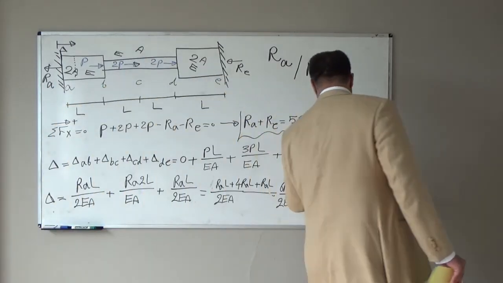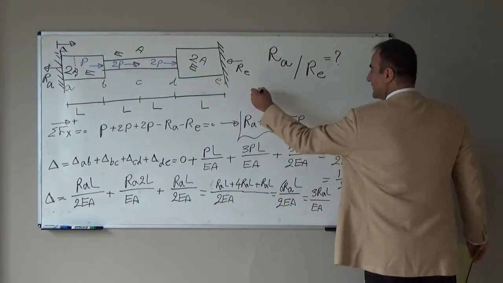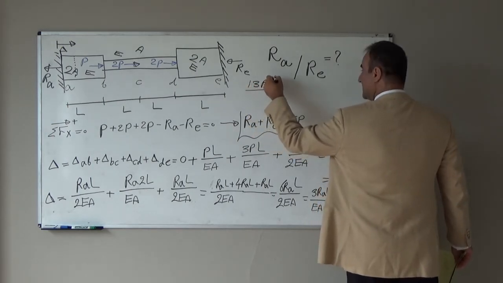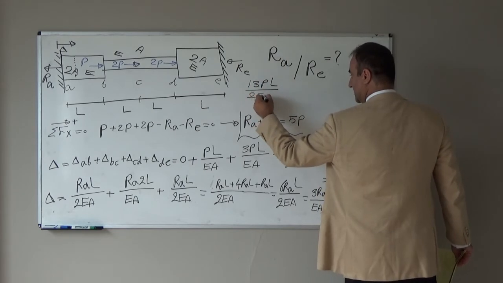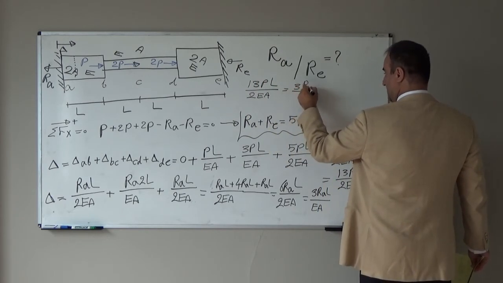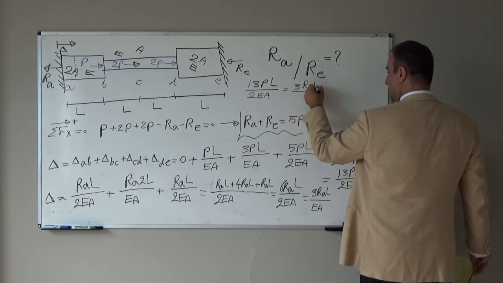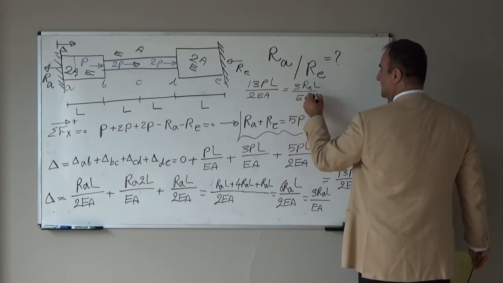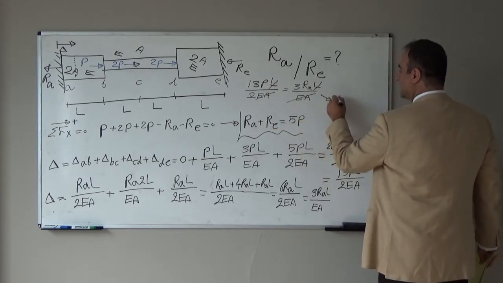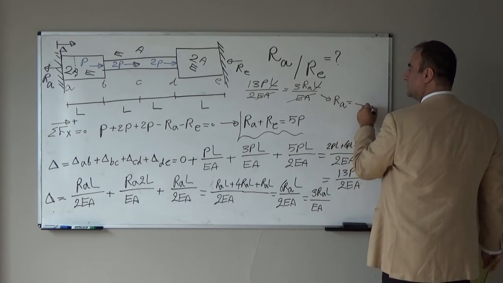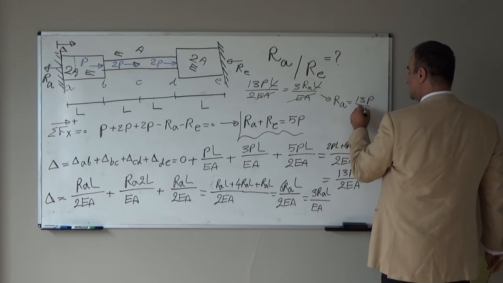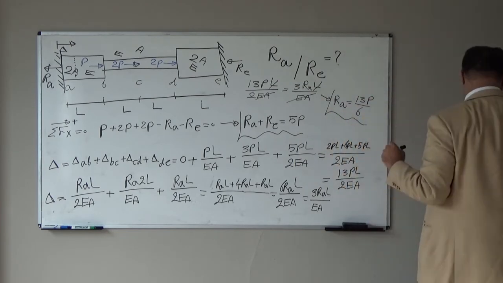If we put these two equal, from here we have 13PL over 2EA is equal to 3 times R_A, the reaction at point A, times L over EA. EA and EA cancel each other, L and L. From here, reaction at A will be equal to 13P over 6.